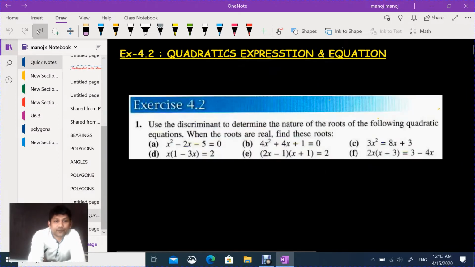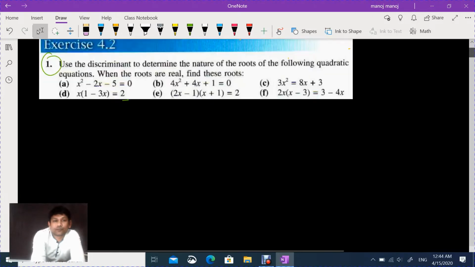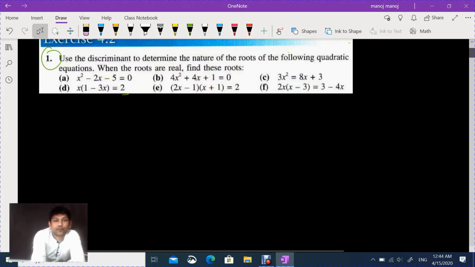Okay, now the first thing: use the discriminant to determine the nature of the roots of the following quadratic equations. When the roots are real, find these roots. Okay, I am moving to the first part, part A.